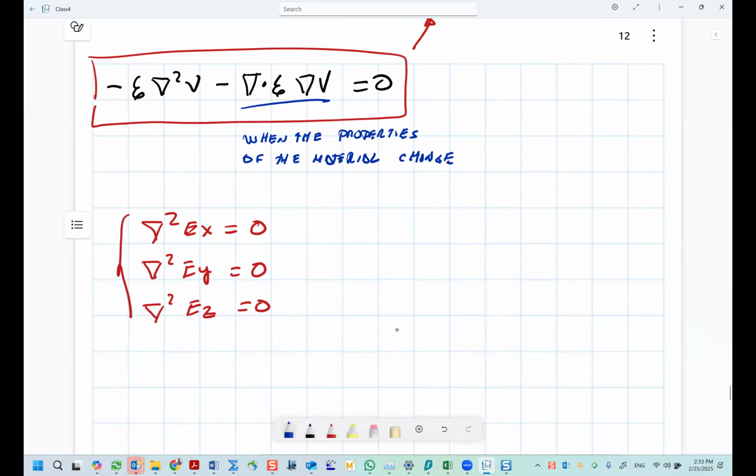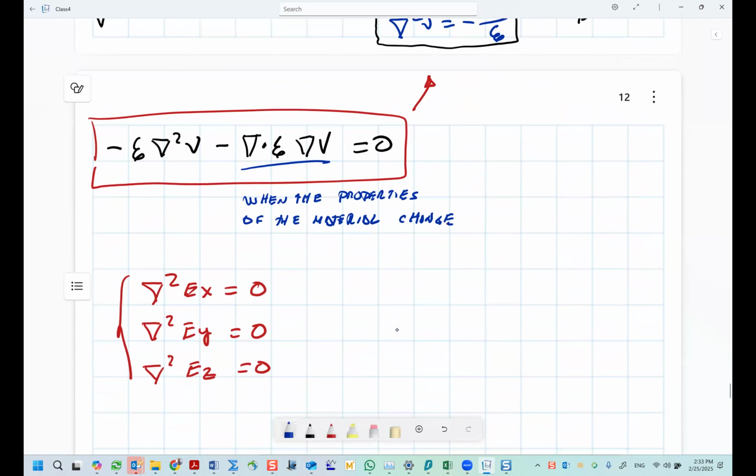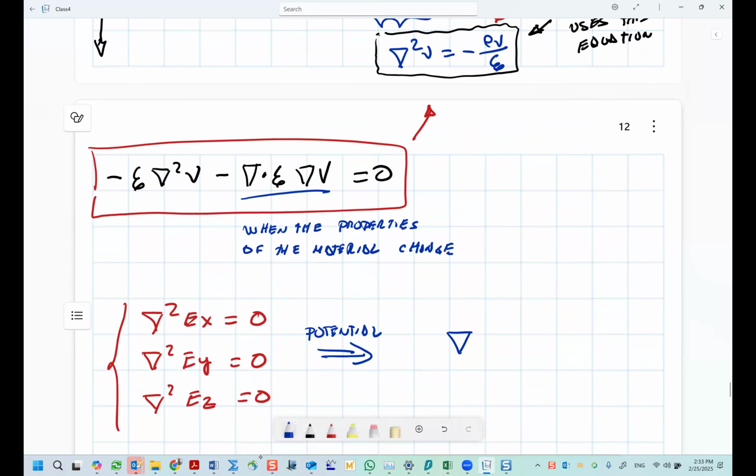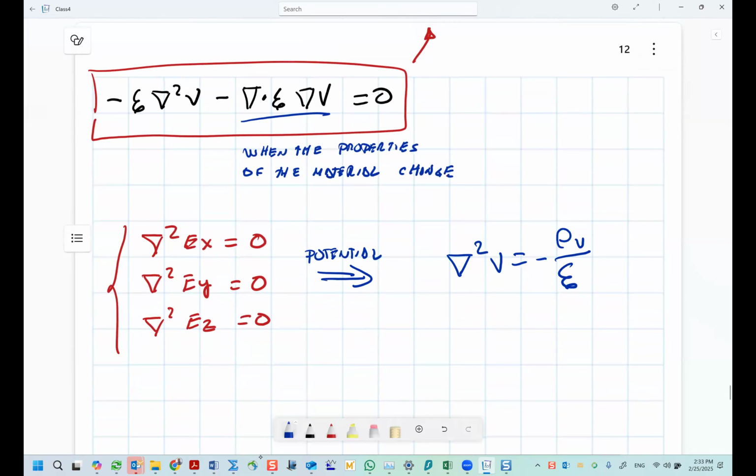This equation has become, okay, so you have these three equations. And by the use of potentials, I only need to solve the Laplacian of V equals minus rho V over epsilon, and then take the derivative, or get the gradient of B.